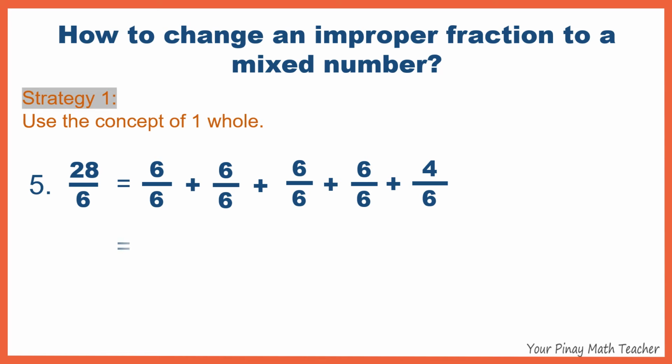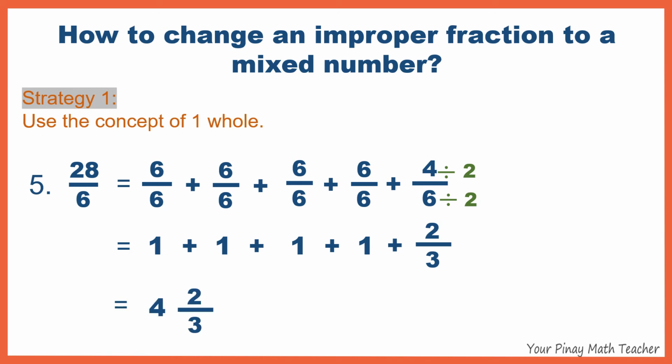So changing all 6/6 to 1 whole, we have 1 plus 1 plus 1 plus 1 and bring down 4/6. But 4/6 is not in its lowest term, so we have to reduce them by 2. So we have 2/3. Combining them all, we get 4 and 2/3. And this is the mixed number of 28/6.